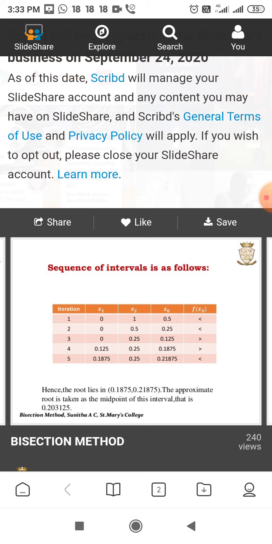Again, putting these values and successively substituting further, the root lies between 0.1875 and 0.21875. The approximate root is taken as the midpoint of the interval, that is 0.203125.